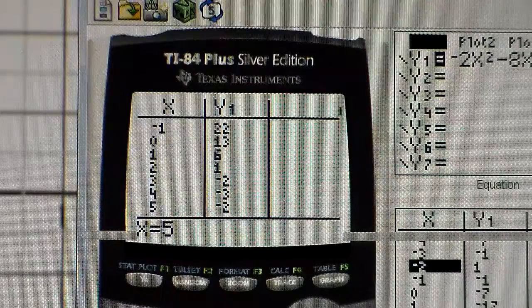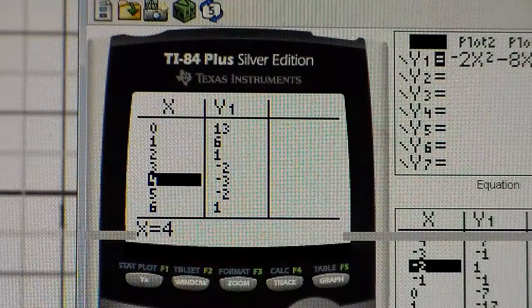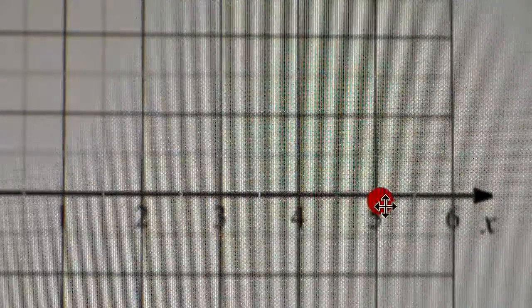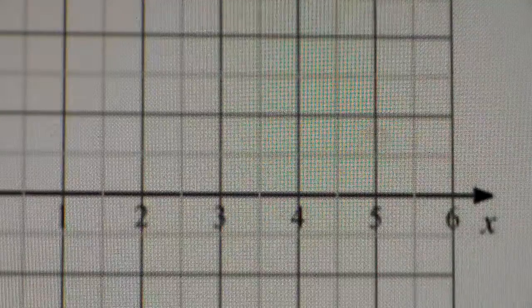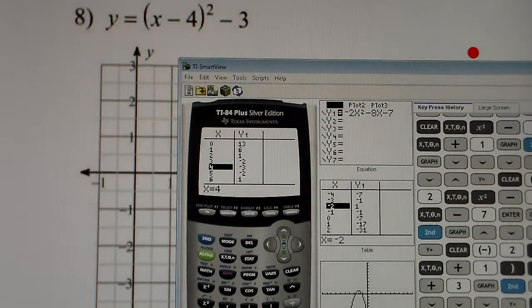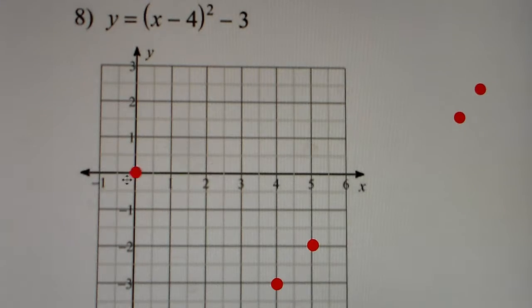So we go to positive 4. We're going to plot the points 5, negative 2, and 6, 1. So 5 to the right, down 2. And then 6 to the right, 1 up.